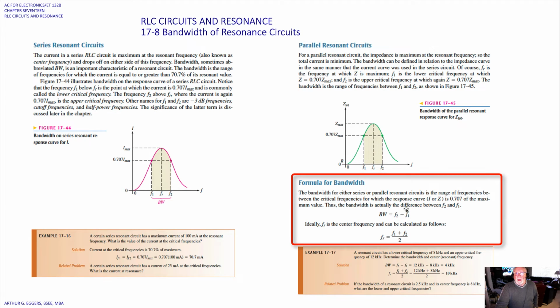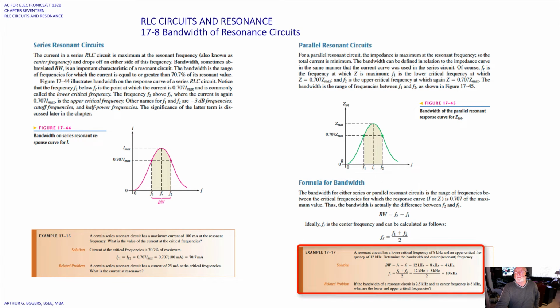The formula for the bandwidth is the difference between the upper and lower critical frequencies. The calculation for the resonant frequency is the sum of the lower and the upper divided by 2. So if we have a resonant circuit that has a lower critical frequency of 8 kHz and an upper critical frequency of 12 kHz, determine the bandwidth and the center frequency, or the resonant frequency.